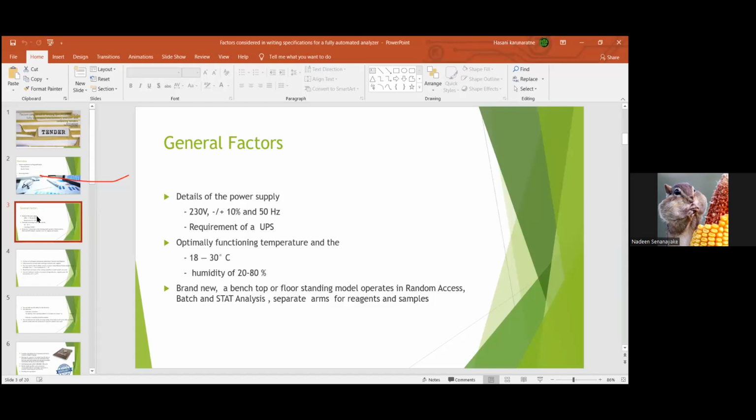So we have to mention that the analyzer should be brand new, and you can select whether it is a benchtop or a floor standing model according to the space and the workload of the institution. And it should have random access, batch and stat analysis. And there should be separate arms for reagents and samples to avoid carryovers and interferences.